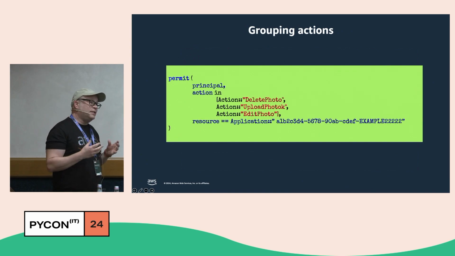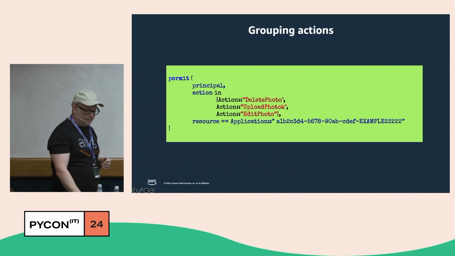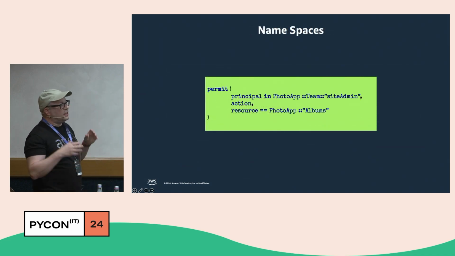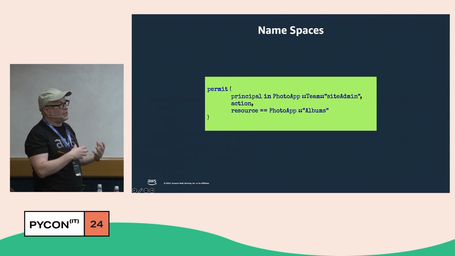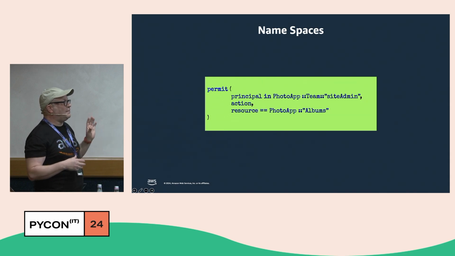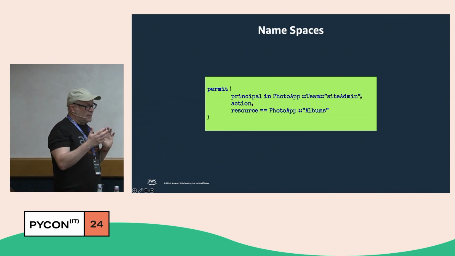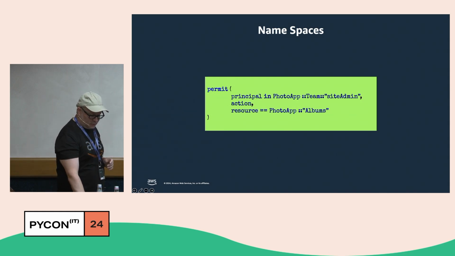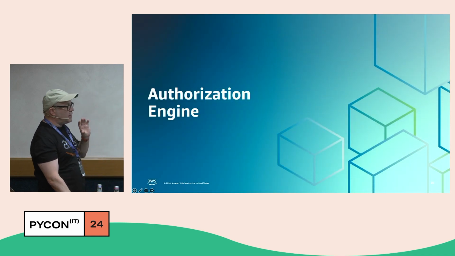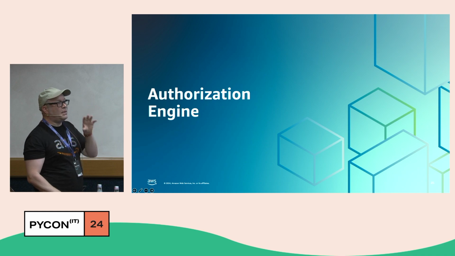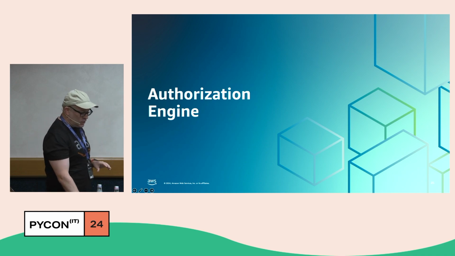When you're defining your policies, the actions you define within your schema you can group together, so you don't have to have lots of different policies to do one thing. And from a multi-tenancy perspective, you can group policies and attributes within the policies into namespaces, which allows you to define this across different applications. So that's a very quick overview of policies. It will make more sense when I go into the demo and actually show this.